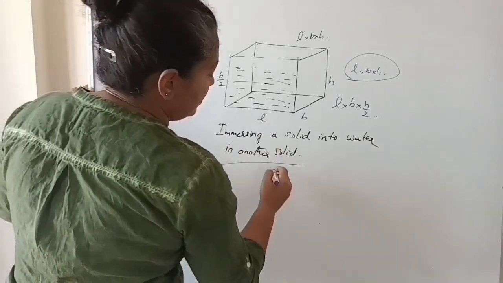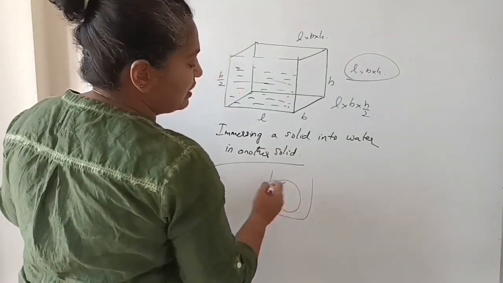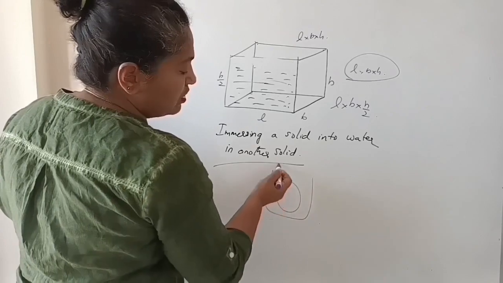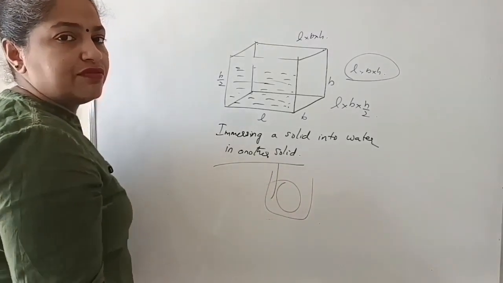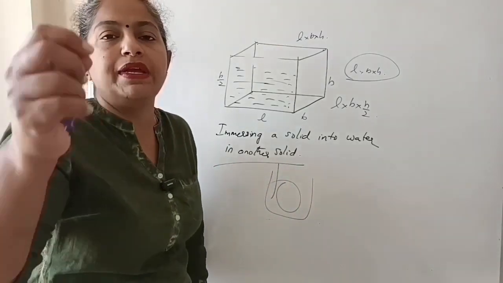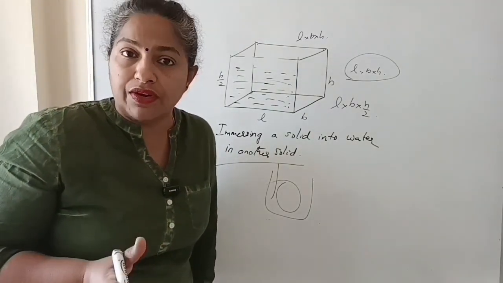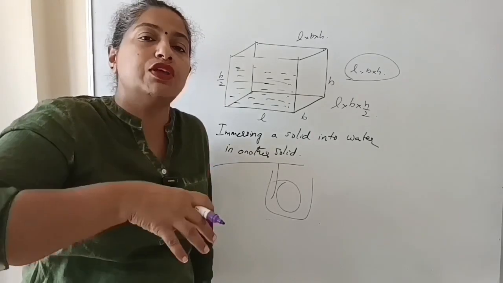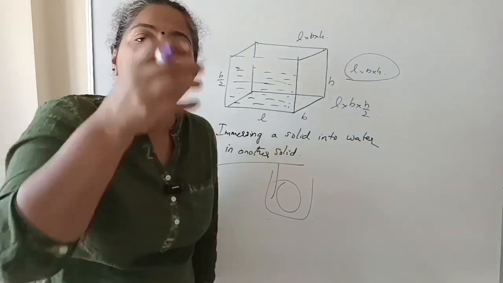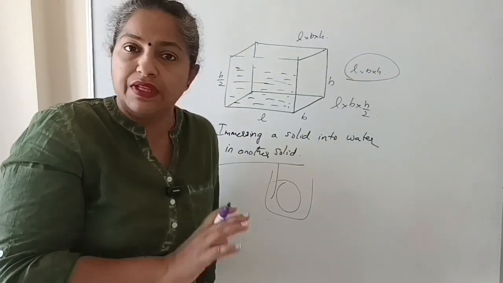Now, you know that if you take a bucket of water and you put a big stone in it, the water will rise. This is the case with water contained in any solid. If you are dropping another solid into it, the water will automatically rise. The amount of water that will rise is dependent upon the volume of the solid that we are putting into the water.